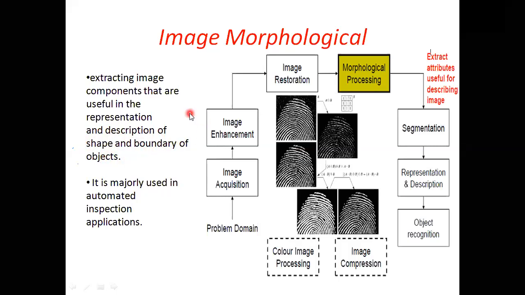That means the geometrical structure of the object will be known in this morphological processing. It is majorly used in automated inspection applications. So in inspection applications, we use fingerprints for inspection purposes. In applications like this, we use morphological image processing. It extracts attributes useful for describing the image.